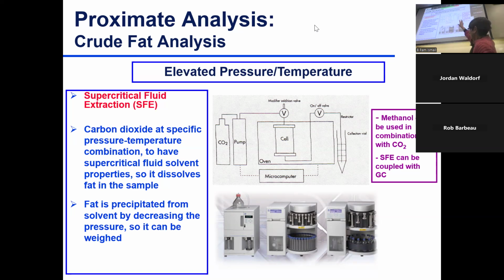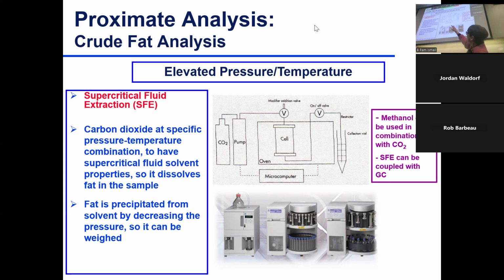After it extracts the fat, that liquid phase is pushed into a collection vessel or vial. Once it goes, the pressure is reduced to atmospheric pressure, CO2 obviously becomes gaseous, and what's left is your fat, and you weigh that and you get the fat.